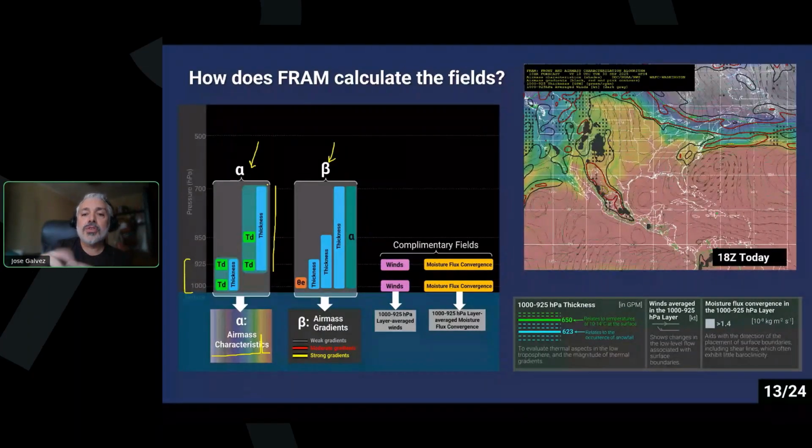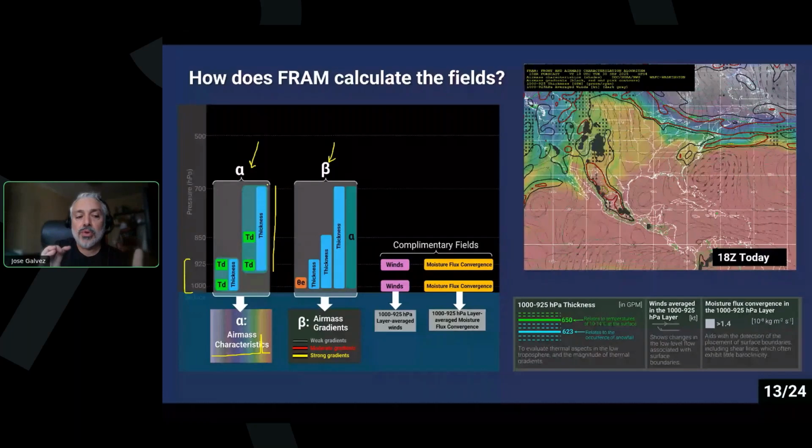And that noise or those changes are going to be very prominent in 1000 hectopascals. However, if you use 925, the 925 feels a little bit cleaner, so it will help you to visualize the big picture where the main system is located.